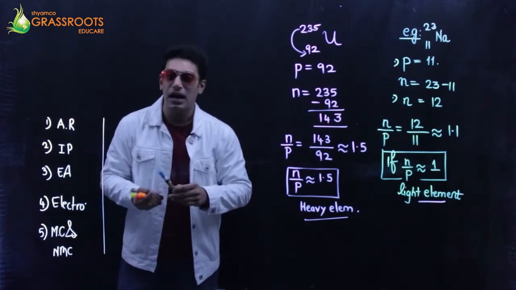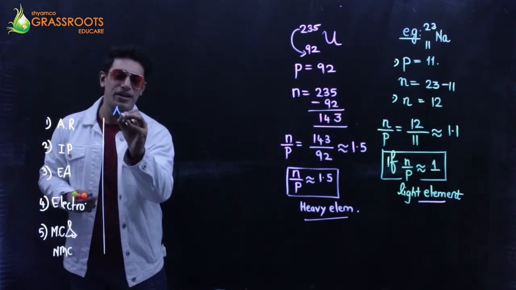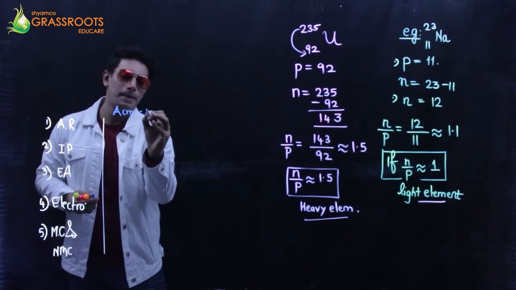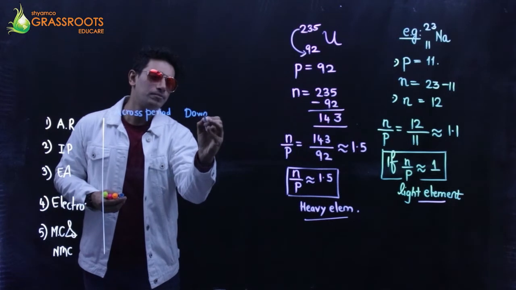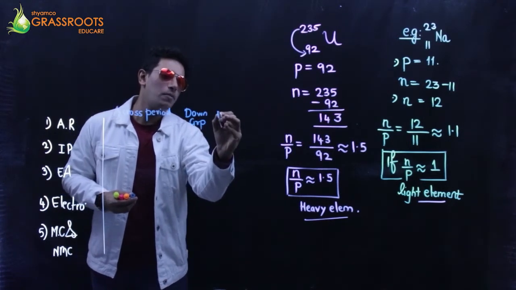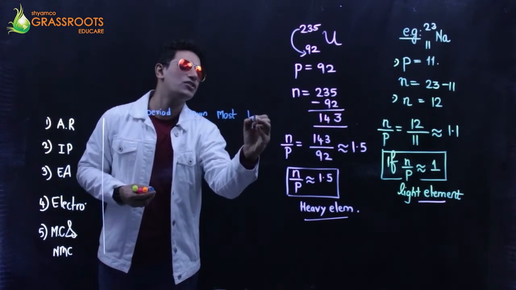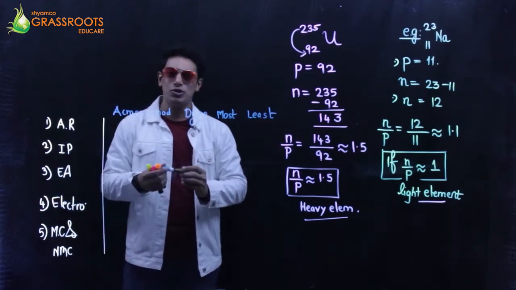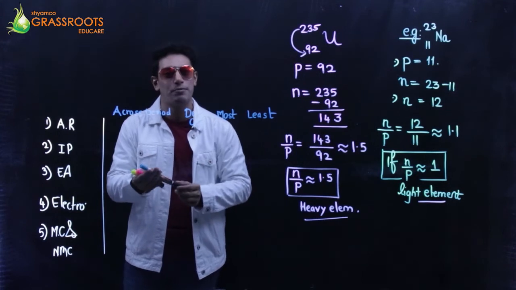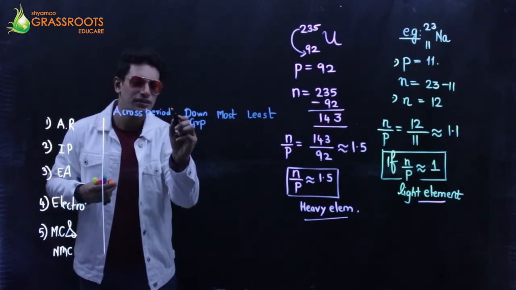All right. Across the period, the variation. Down the group, the most of them and the least of them. Now that will help you to analyze the entire chapter in a tabular form. Okay, beautiful this is.